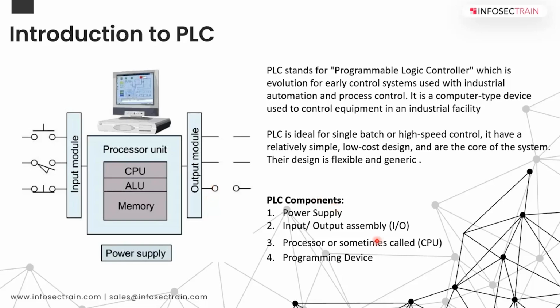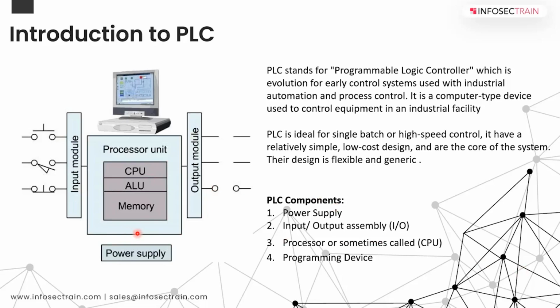Not going into too much detail because of lack of time. And we have the CPU, the memory unit. Originally this was it, but later on, once the Ethernet technologies developed, earlier we used to have serial communication, then serial Modbus.